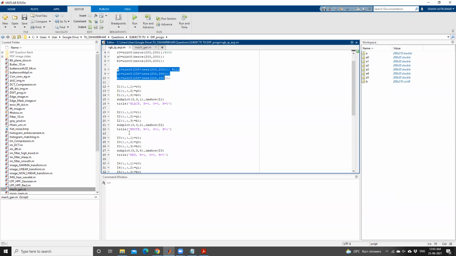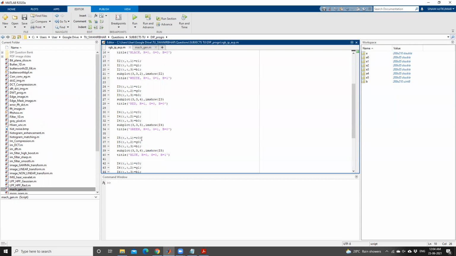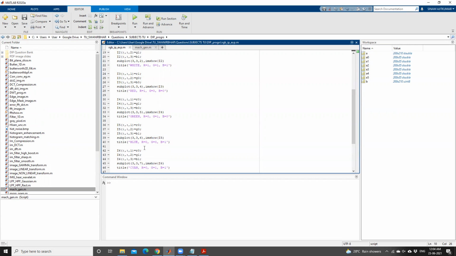R1, G1, B1 makes white, means all ones are white, all zeros are black. Along with that, what we can do in the channels, if I make red equal to 1 and green and blue equal to 0, I get the red color. Red equal to 0, green equal to 1, and blue equal to 0, I get green color. And red equal to 0, green equal to 0, and blue equal to 1 gives me blue.